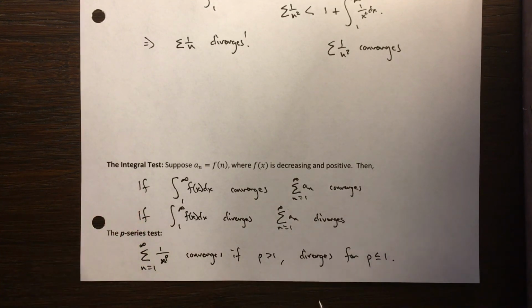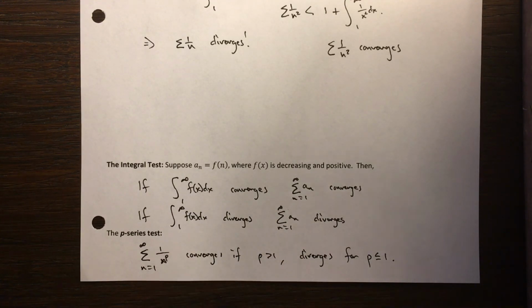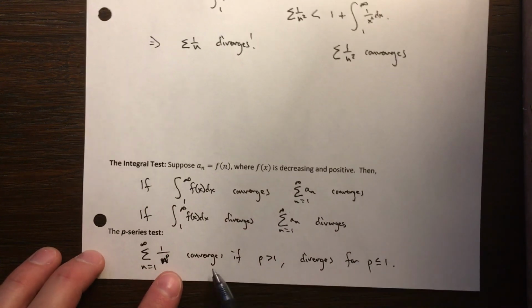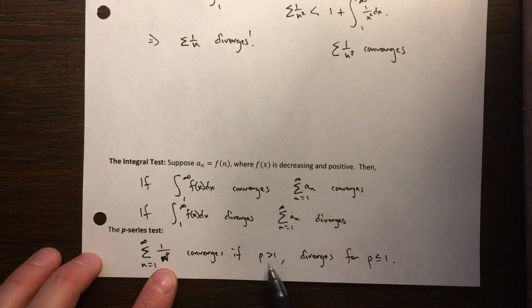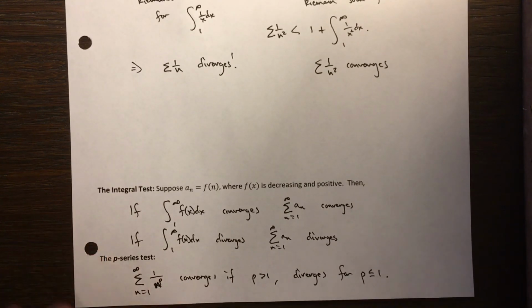And this comes straight from the rule that we developed about the integral from 1 to infinity of 1 over x to the p. So now we know if we have something raised to a p power in the denominator, it converges if p is greater than 1, diverges for p is less than or equal to 1.